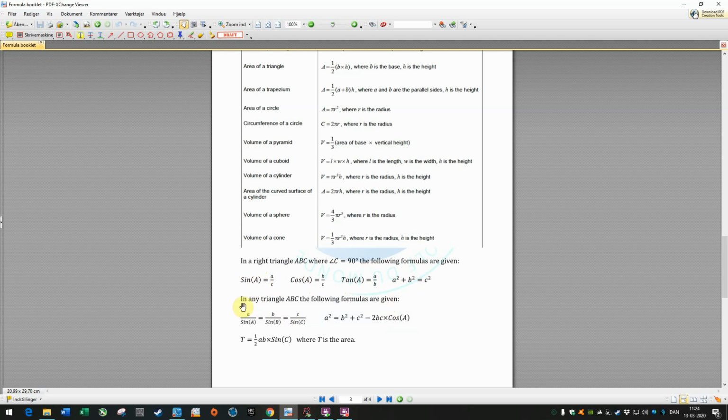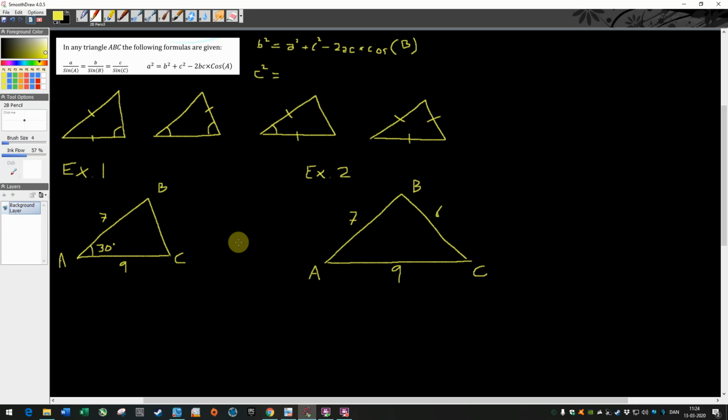When we are talking about non-right angled triangles, we use these formulas, and we have to know three values so that we can figure out the last one. So these two situations we have here are related to sine.